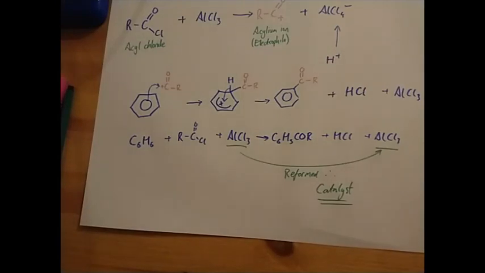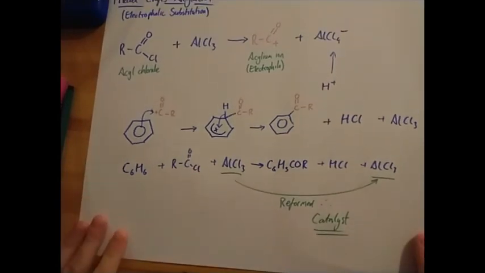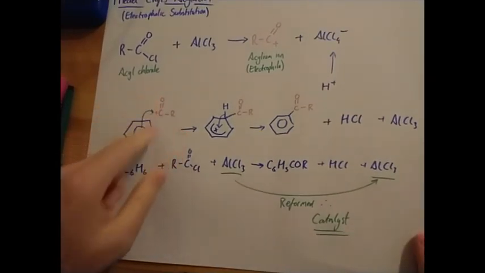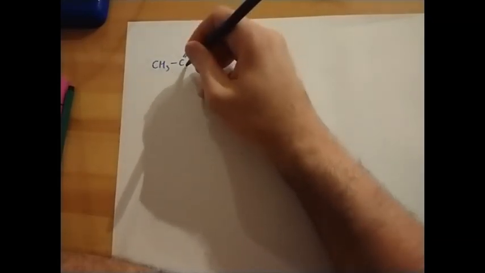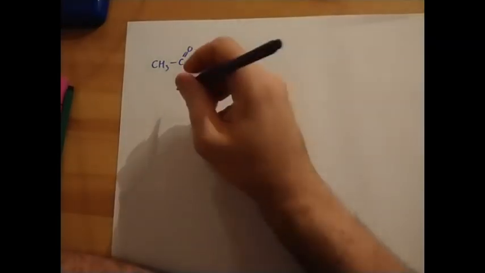So I kind of want to just give you a couple more examples of this rather than using a generic acyl chloride, using actual real examples. So let's say we start off with ethanoyl chloride. Which is that. So we've got two carbons, so it's an ethyl one.